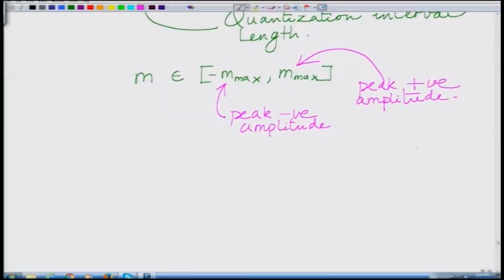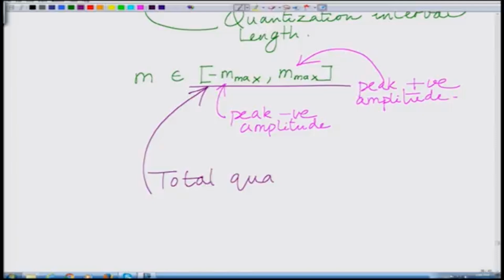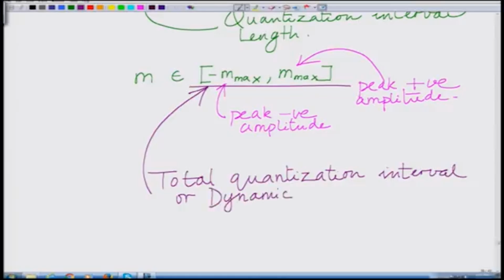Therefore, total width of quantization interval, or we can say the dynamic signal range, that is equal to twice m max.